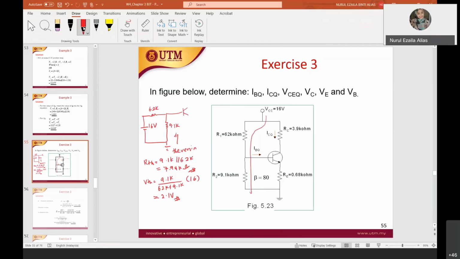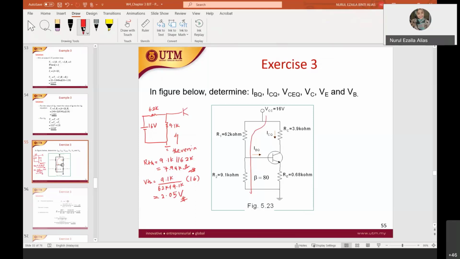Yes, madam. Either way is correct, 2.1 volt or 2.05. Since the actual one is 2.047 something, it's better to take 2.05 volt. Okay, better take this one.